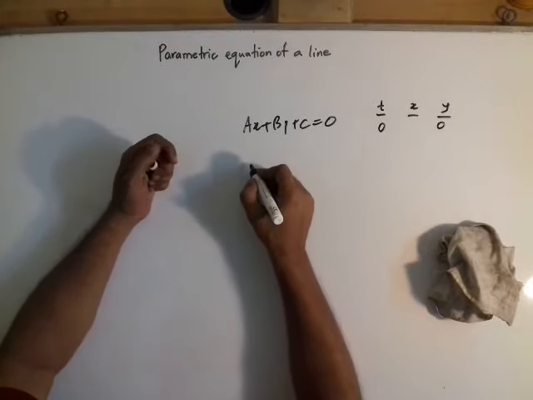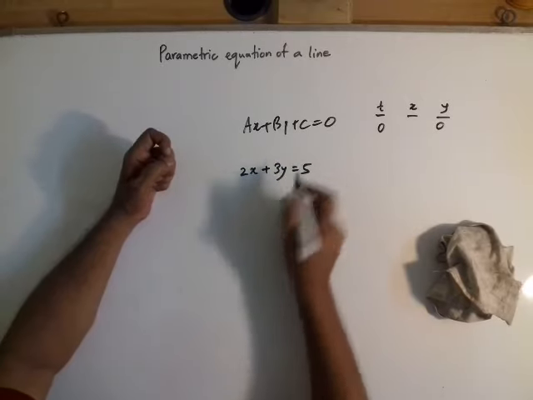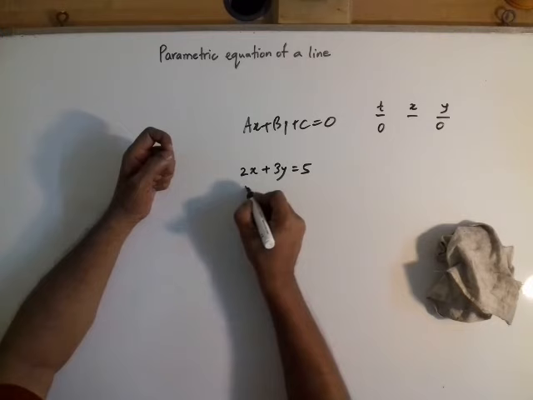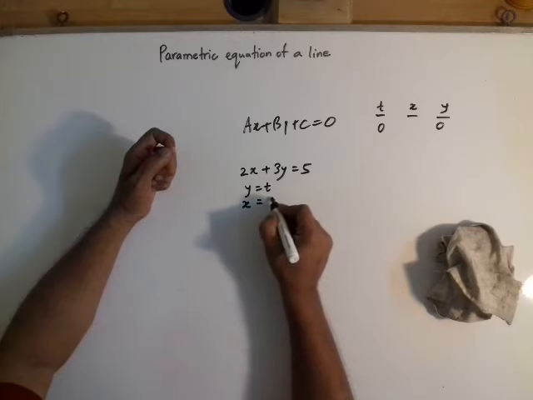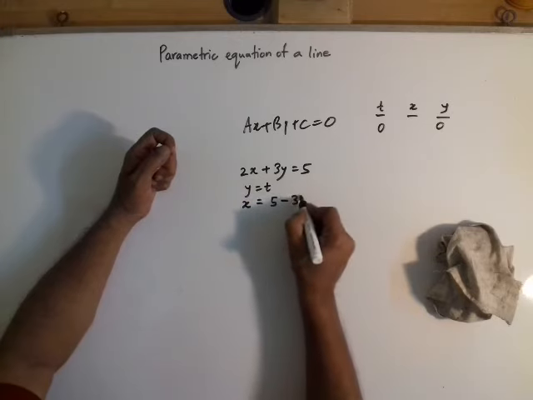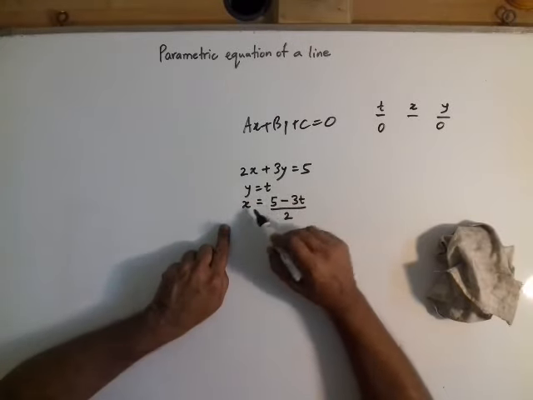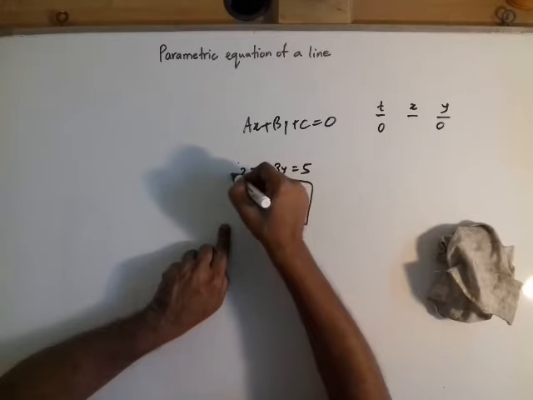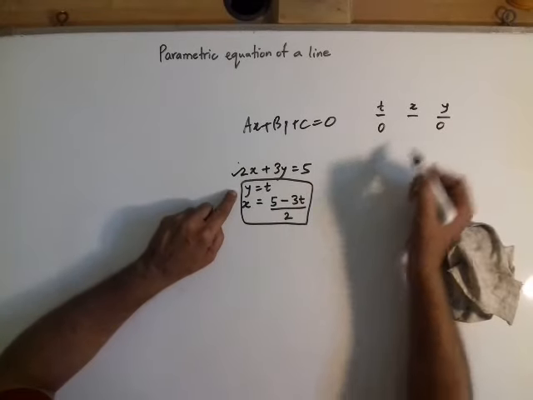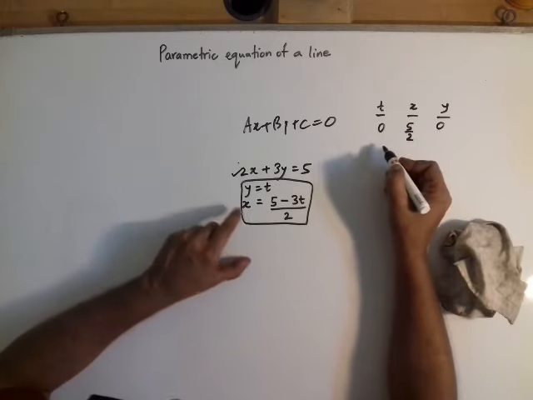So let's say I have a line 2x plus 3y is equal to 5, and I rewrite this saying y is equal to t, so x is equal to (5 minus 3t) upon 2. That's correct. Now I say this is as much of an equation of the same line as this one. So if t is 0, y is 0, and x is 5 by 2.